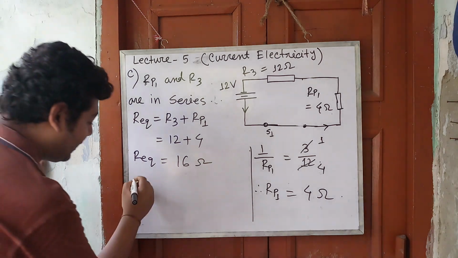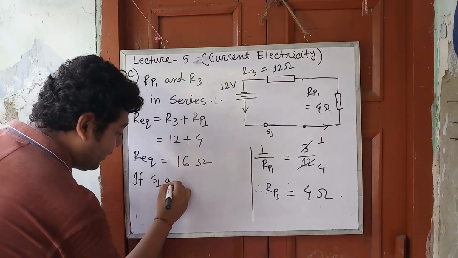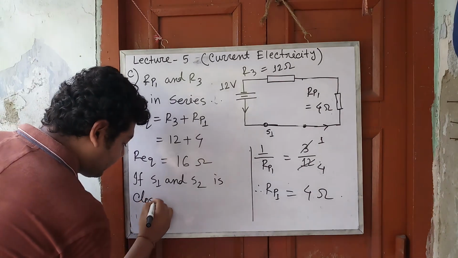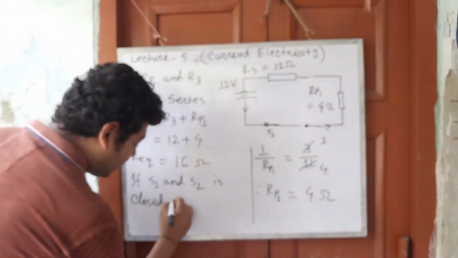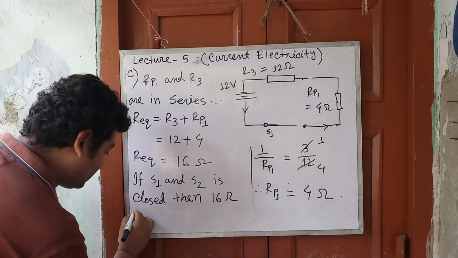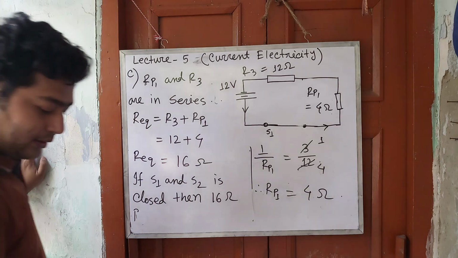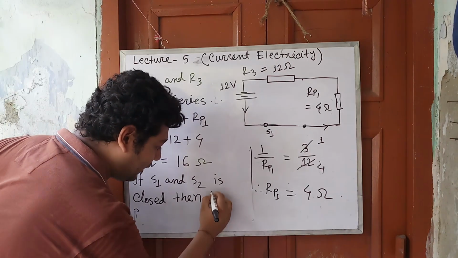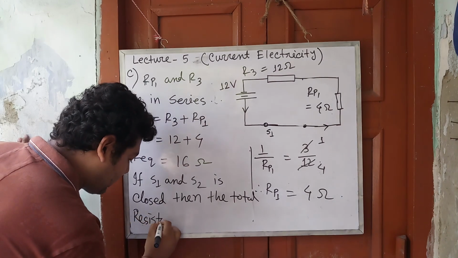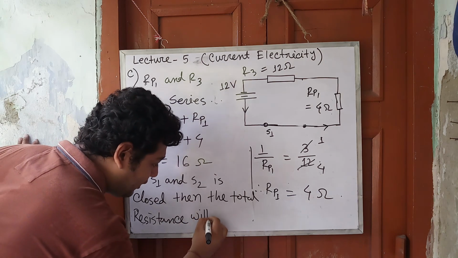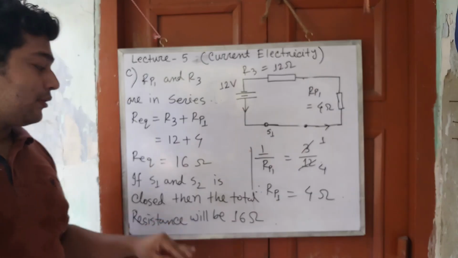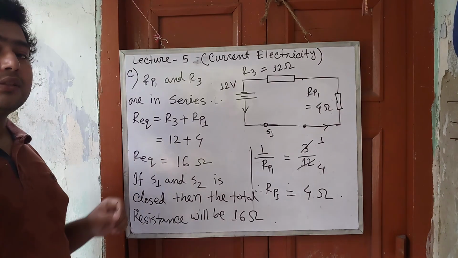So if S1 and S2 are closed, then the total resistance will be 16 ohm. This is our final answer for question number C.